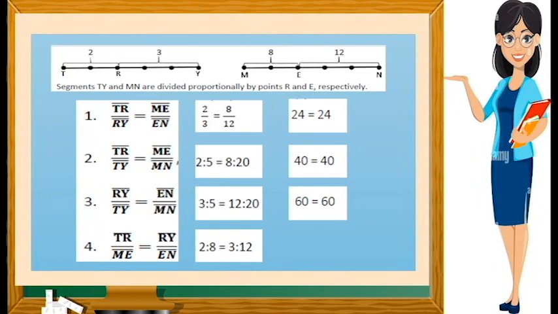Multiply the extremes and the means. 2 times 12 is 24, and 8 times 3 is also 24. Notice that in all the proportions, the product of the means is equal to the product of the extremes.